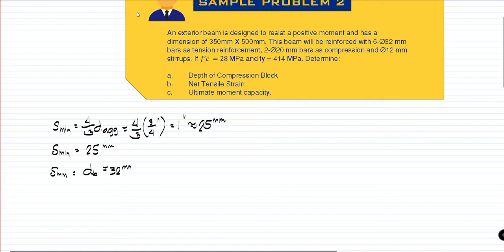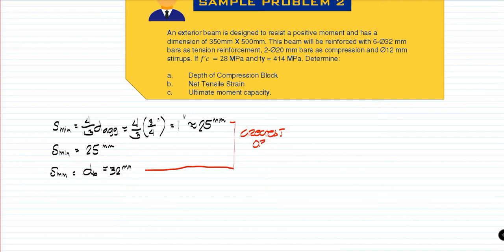So for this one, we will have the 32 mm diameter bar or 32 mm na minimum spacing kasi sabi ni code, kunin daw yung greatest of the three. So, our minimum spacing coming from the criteria of the NSCP is 32 mm.